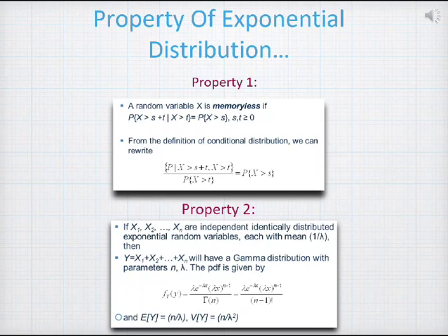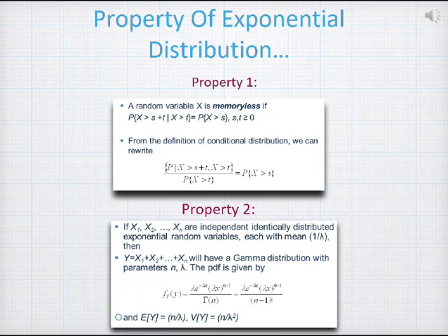Property 2. If x1, x2, ..., xn are independent identically distributed exponential random variables, each with mean 1/lambda, then y is equal to x1 plus x2 plus ... plus xn will have a gamma distribution with parameters n, lambda.